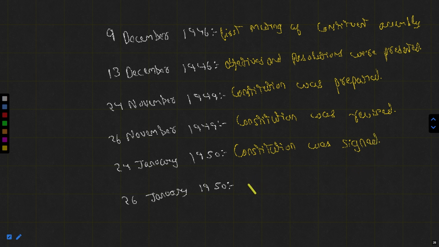And 26th January 1950, the Constitution was implemented or commenced. So this is the timeline.